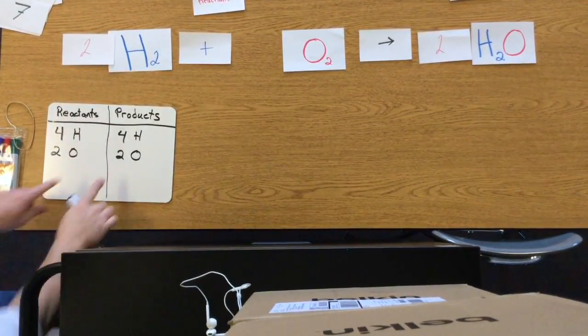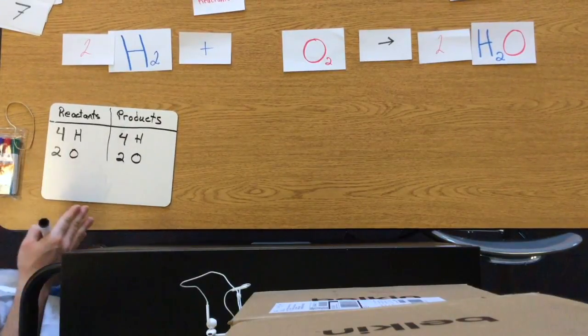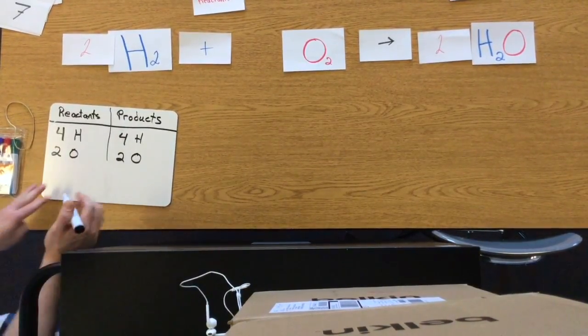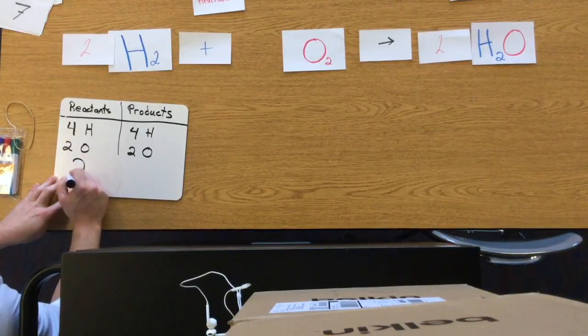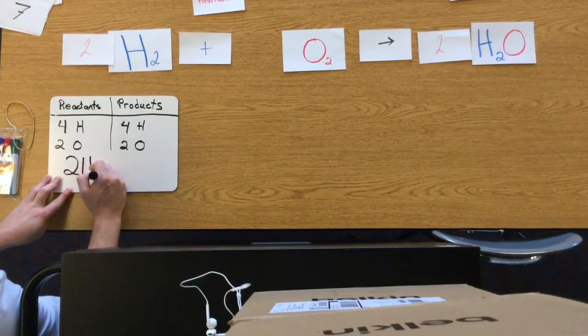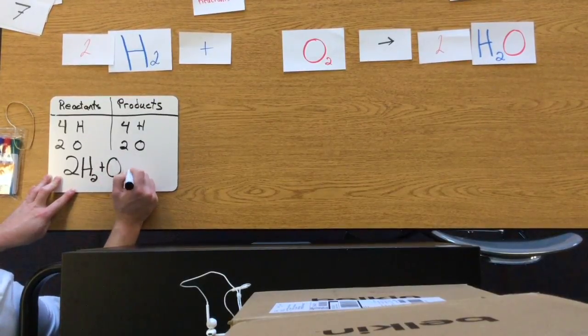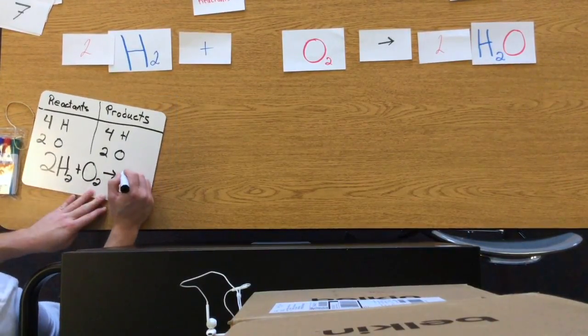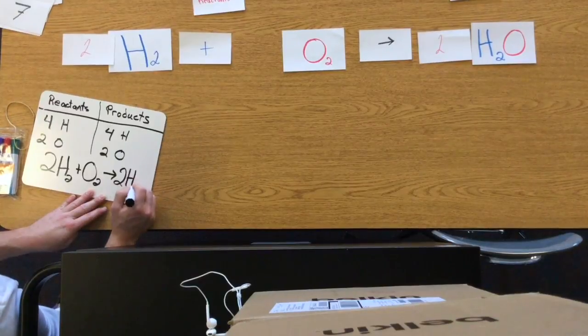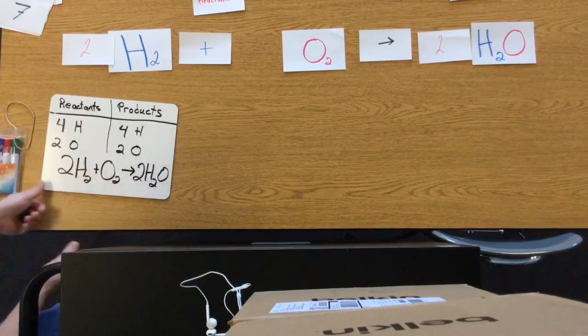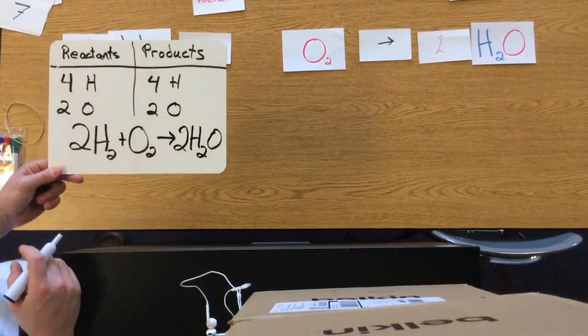The final balanced equation looks like this: 2H2 plus O2 yields 2H2O. And that's what that balanced equation looks like.